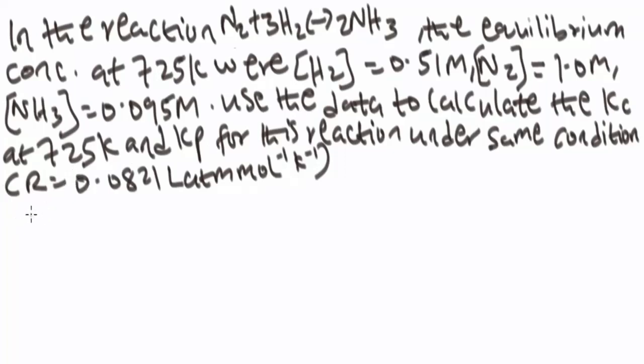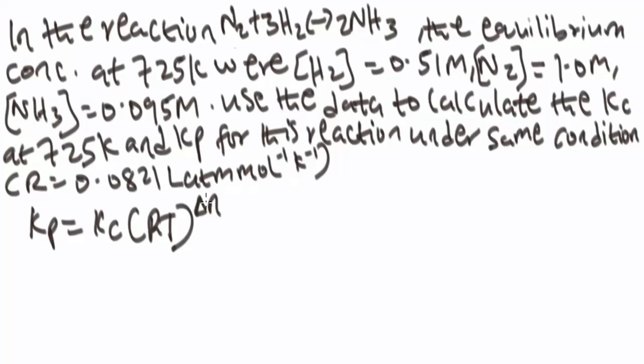We are given the ideal gas constant. So the formula we're going to apply is Kp, the partial pressure equilibrium constant, equals Kc, the concentration equilibrium constant, multiplied by the ideal gas constant times temperature, to the power of the change in the number of moles.